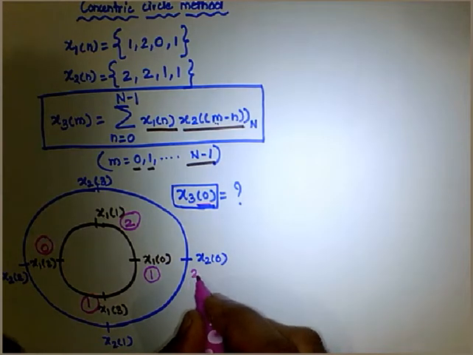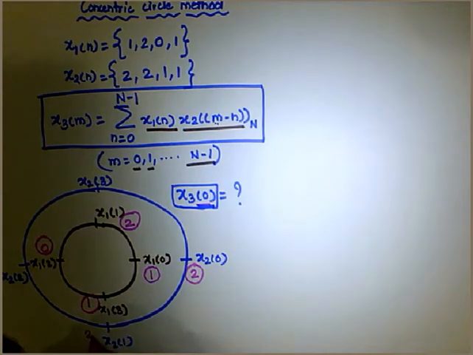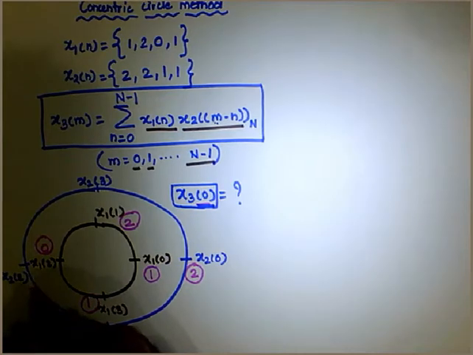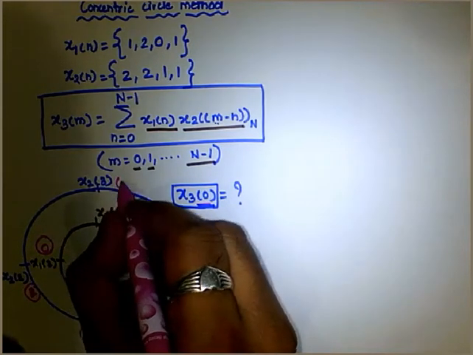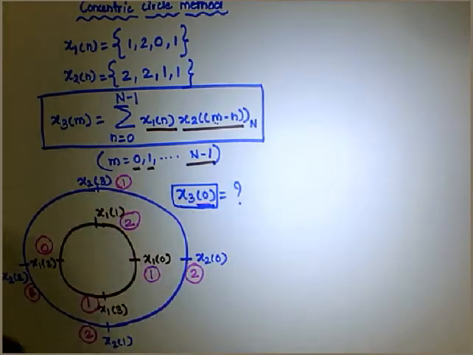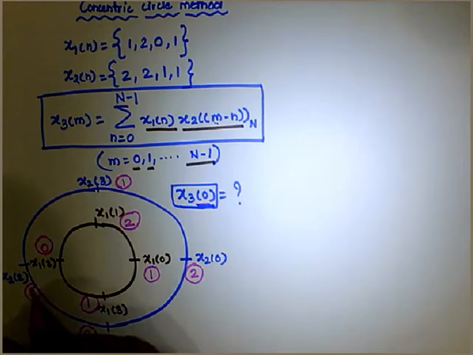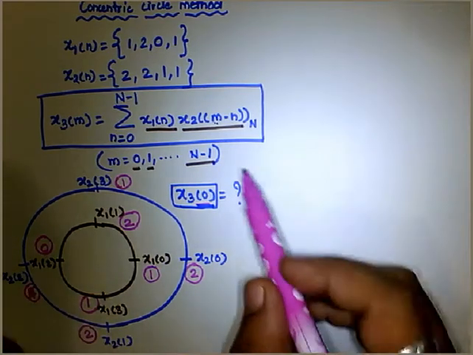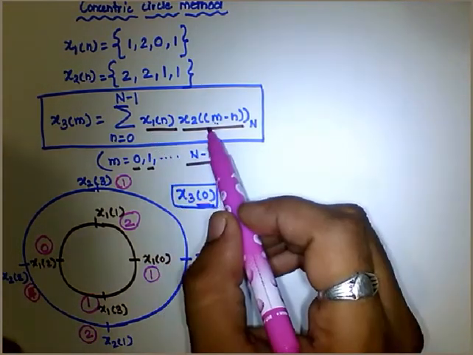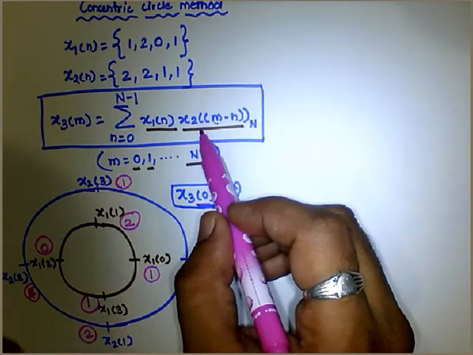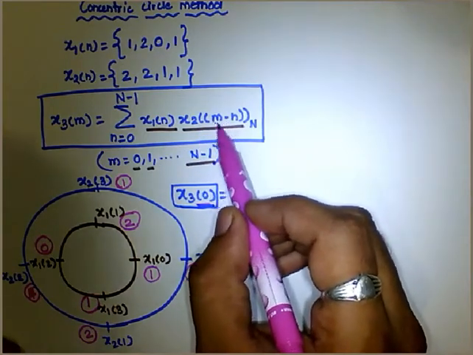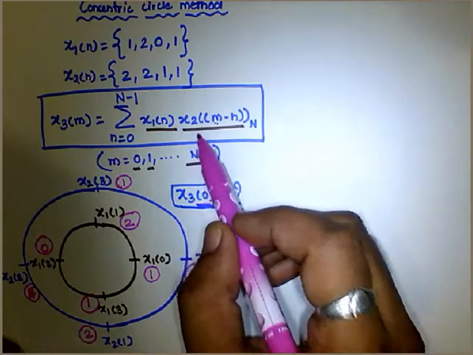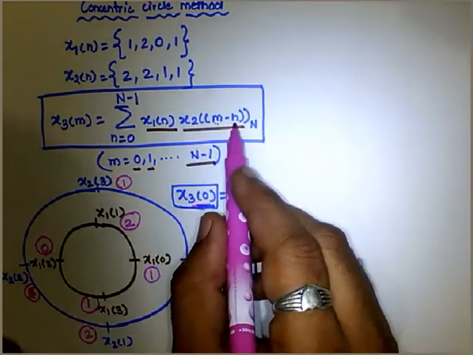So this is 2, this is 2, this is 1, and this one is also 1. Once we have done this, according to the formula, x1 of n is multiplied by x2 of m minus n, but with m equal to 0, that's why it is x2 of minus n.